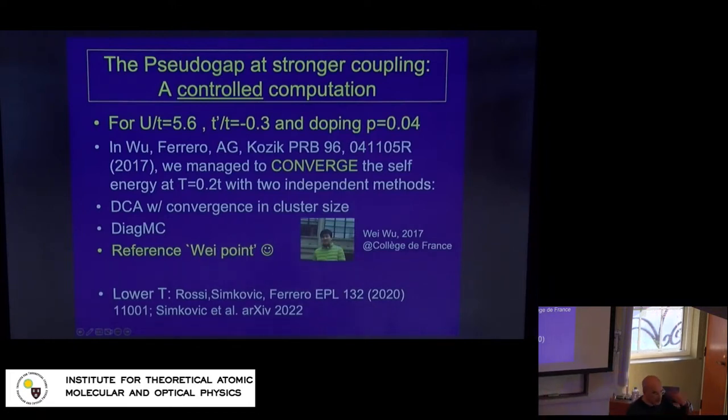One is this diagrammatic Monte Carlo method summing the perturbation series, and the other one is doing cluster DMFT methods going to very large clusters, which for this range of parameters, intermediate U, which was chosen so that we're in the most favorable situation for our calculations, one has to say, and doping of about 4%, we were able to completely converge the calculations.